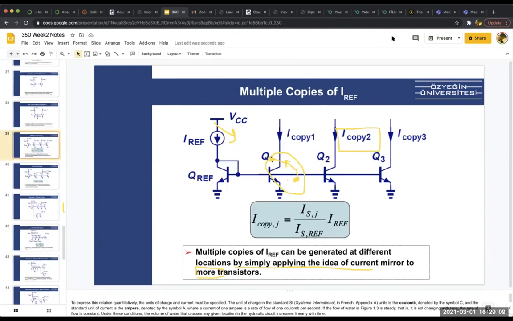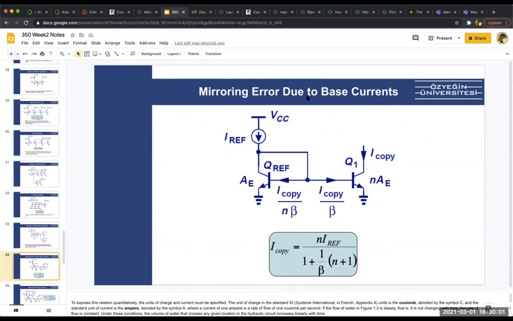Well, as I mentioned, you can take this reference current and distribute it to different parts of the chip. So with multiple copies, you can bias different parts of the chip without really relying on different bias circuits. Okay, another question. This is a diode connected BJT.